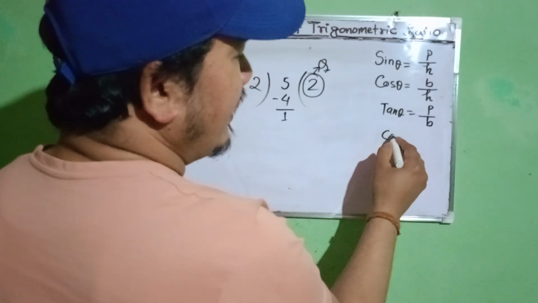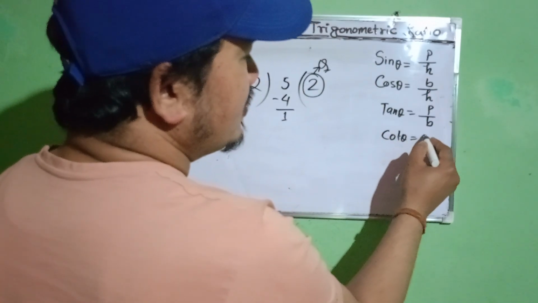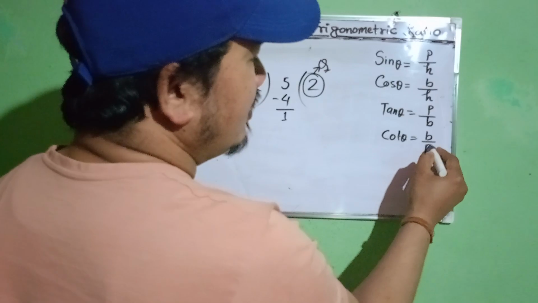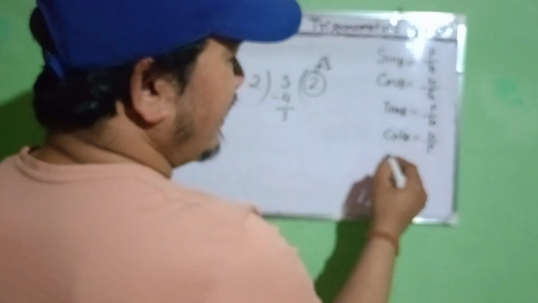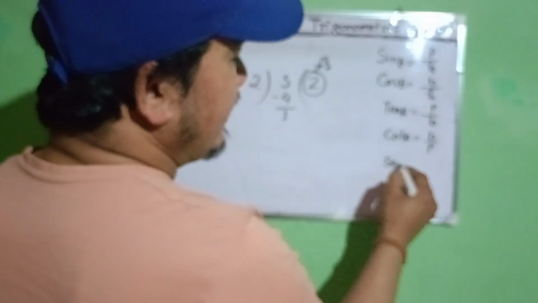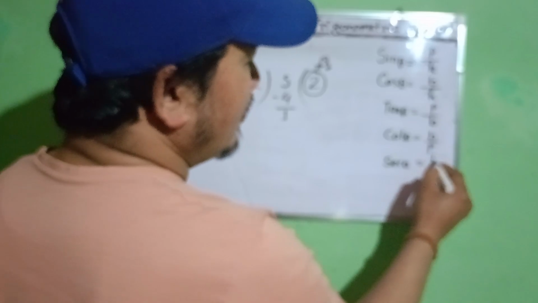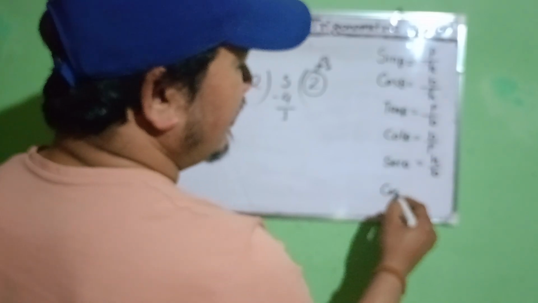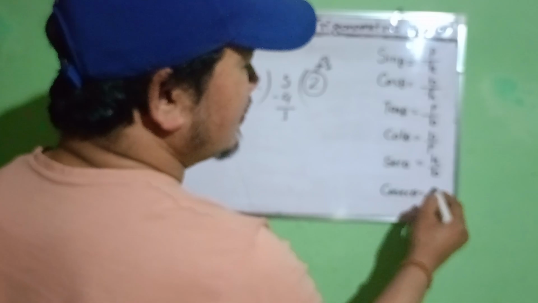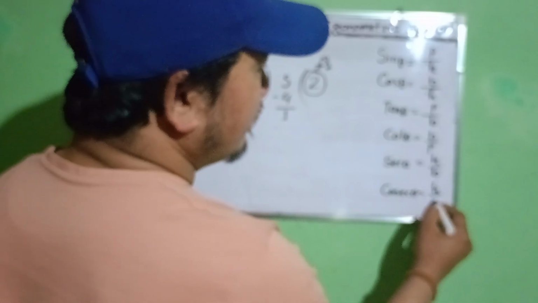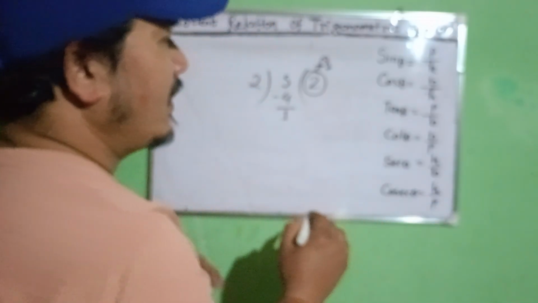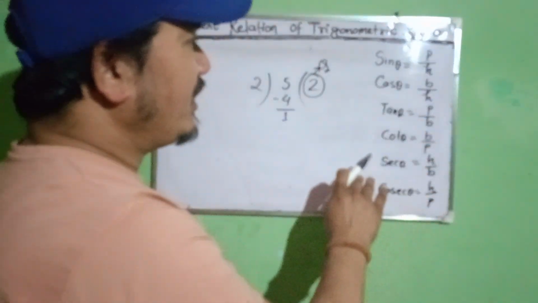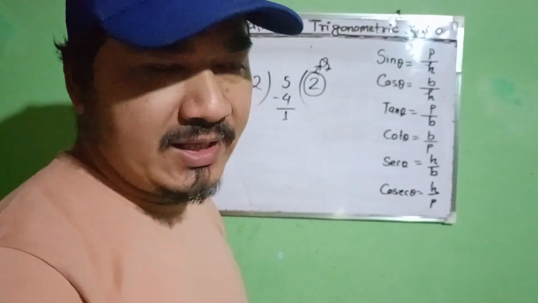Cot theta equals base by perpendicular. Sec theta equals hypotenuse by base, and cosec theta equals hypotenuse by perpendicular. These are the trigonometric ratios.